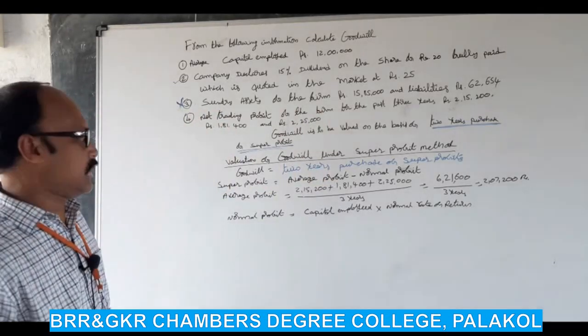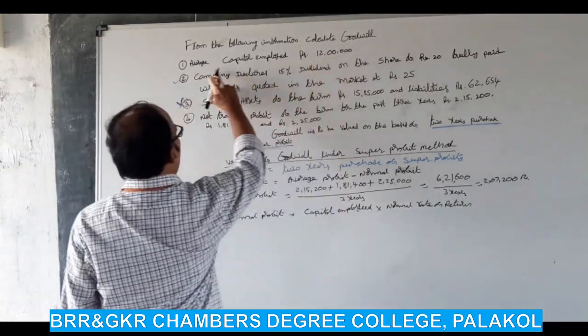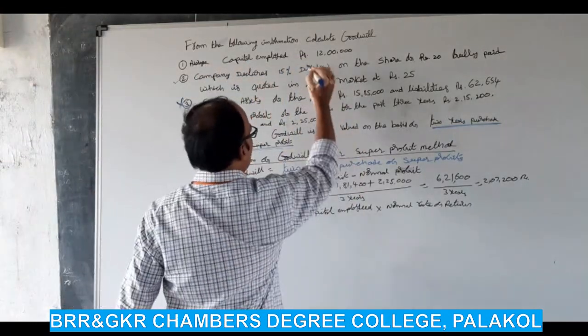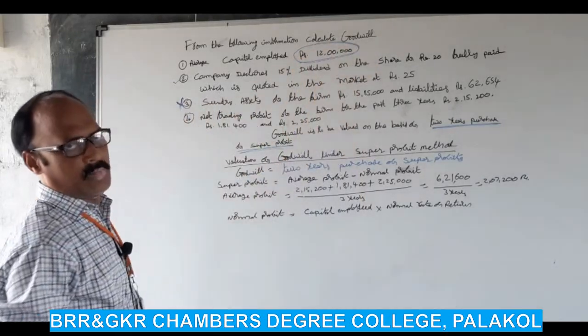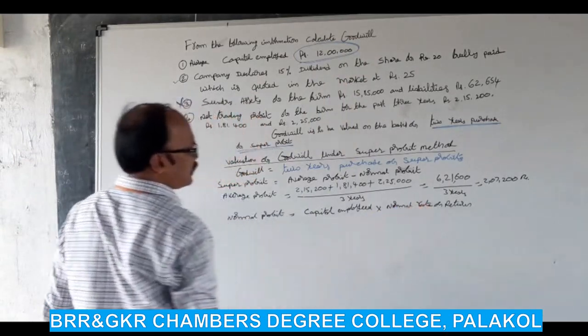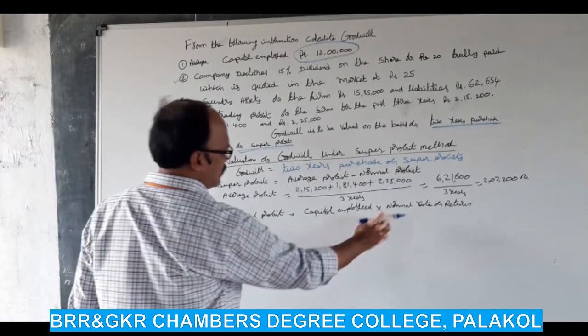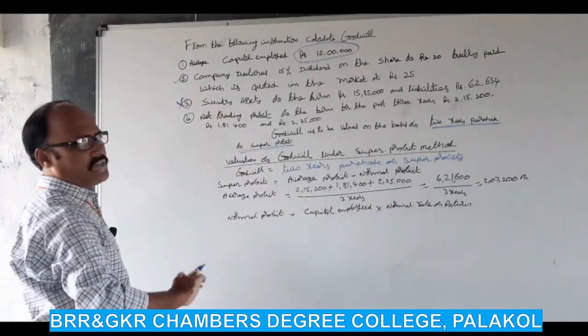The capital employed is directly available in the problem: average capital employed rupees 12,000. But normal rate of return is not available in this problem directly. So for calculation of normal rate of return, the second point is very useful.